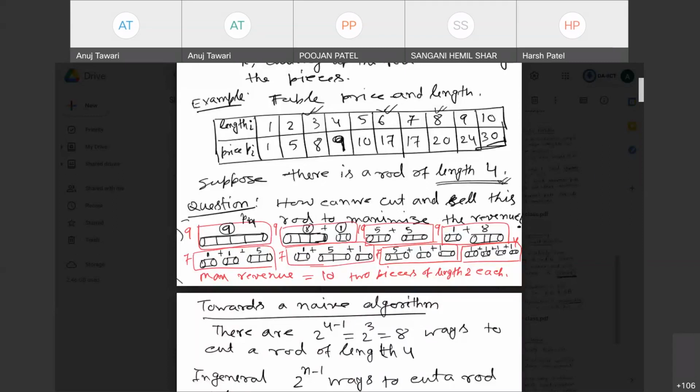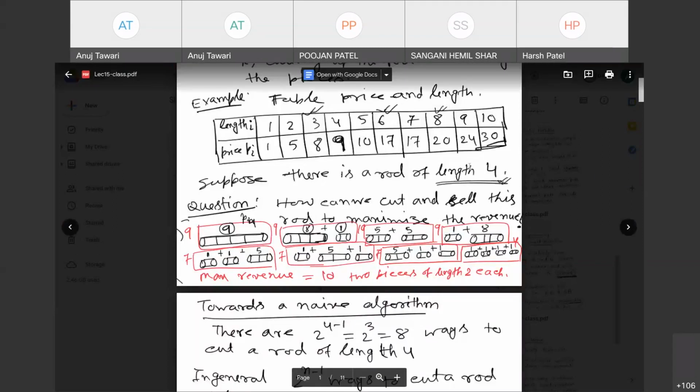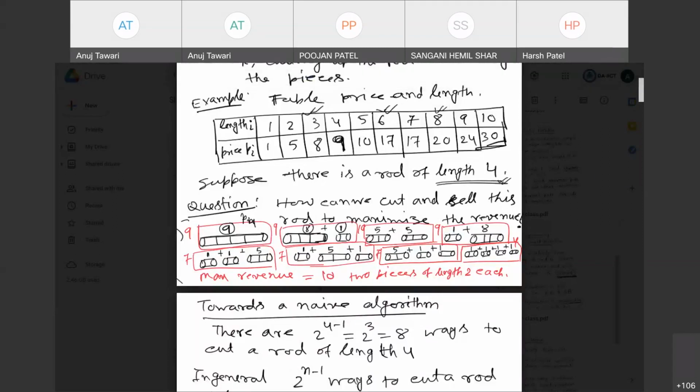Notice that whatever we have seen so far, greedy and divide and conquer, neither of those works here. Because how are you going to divide here?